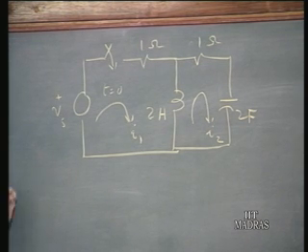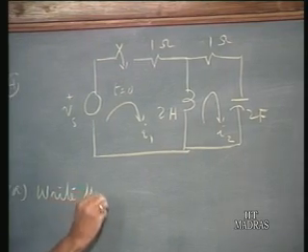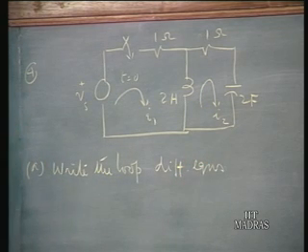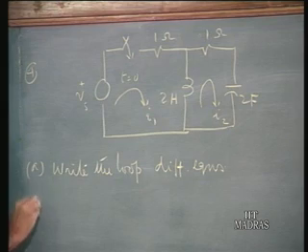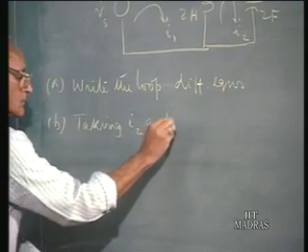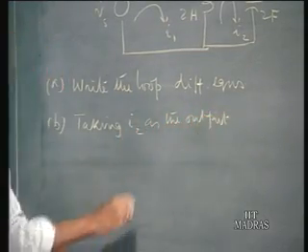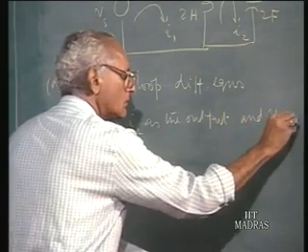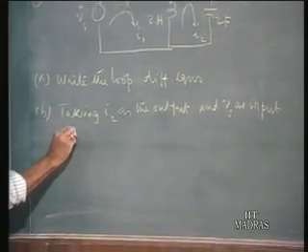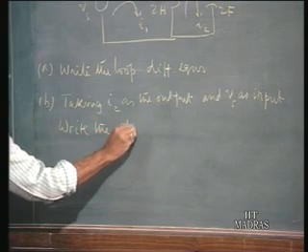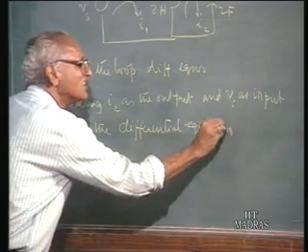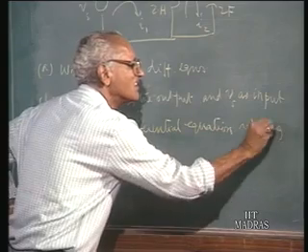So write down the loop differential equations in terms of I1 and I2 and in terms of the differential operator D. B, taking I2 as the output and Vs as the input, write the differential equation relating the two.